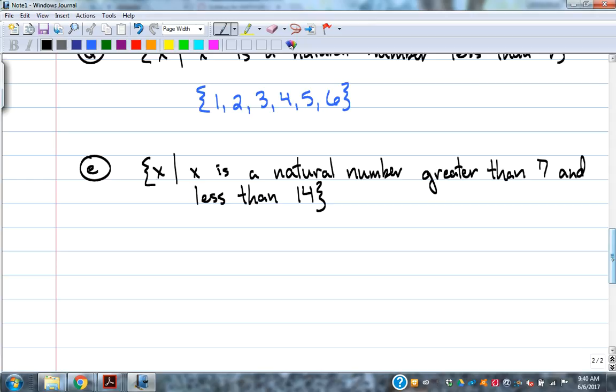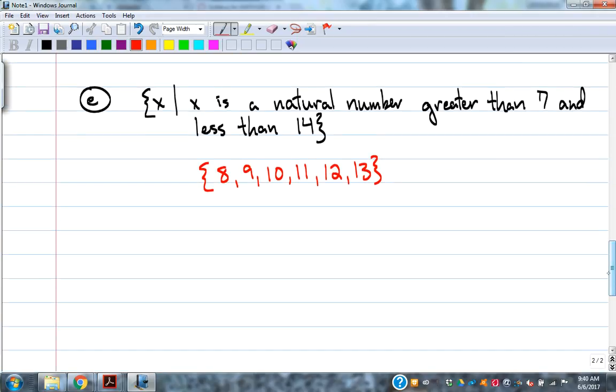X is a natural number greater than 7 and less than 14. So let's list the elements that would be in that set. So what's the natural number that's greater than 7? The next one, 8. And we're going to go up to what number? 13. Good. And we've listed the elements in that set. Not very difficult there. All right.